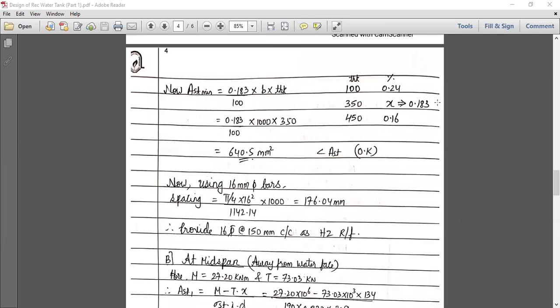What is the spacing using 25 mm diameter bars? कितना आ रहा है? 194. ठीक है, 194 कितना प्रोवाइड करना है?